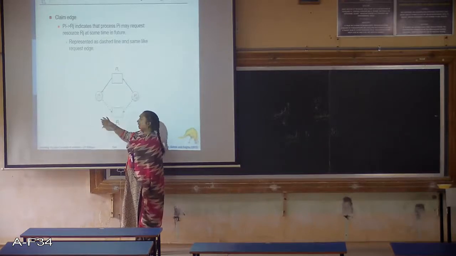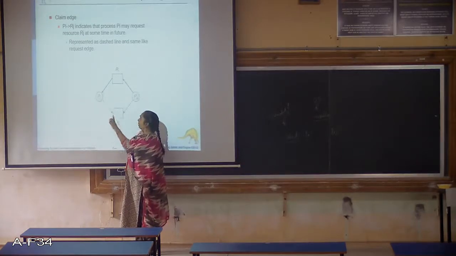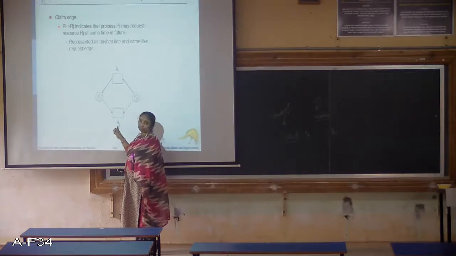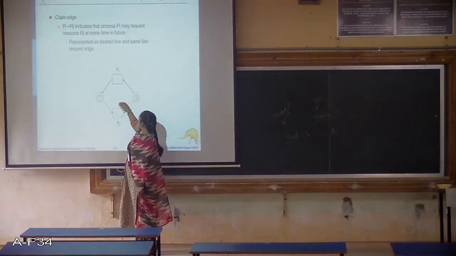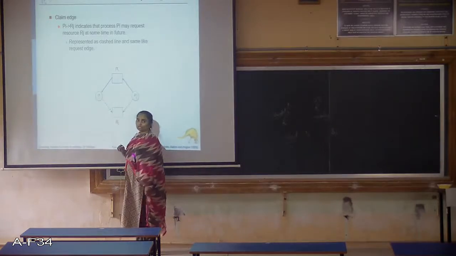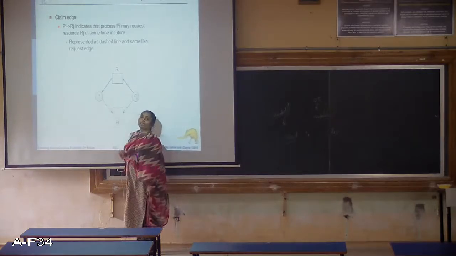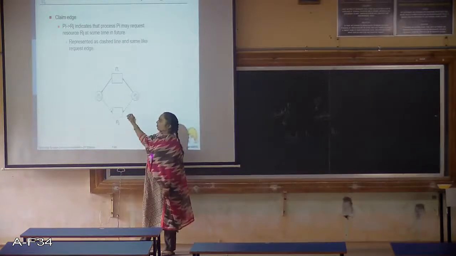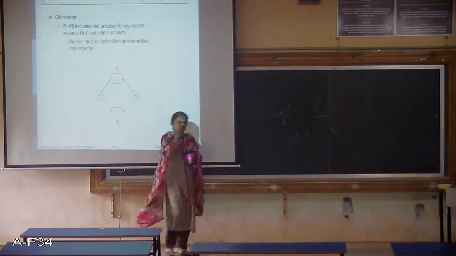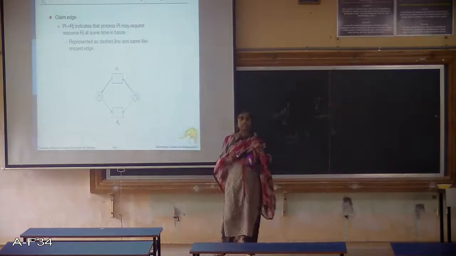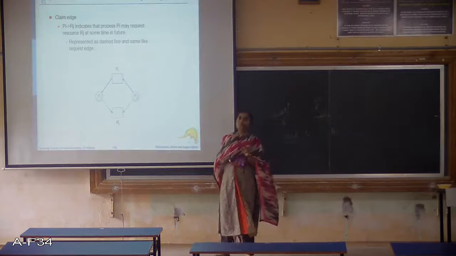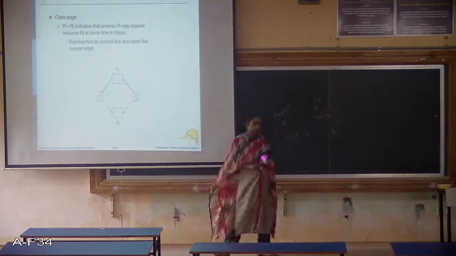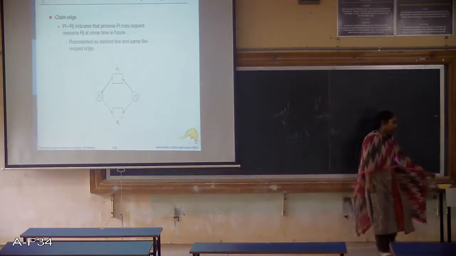That's why this will go into a deadlock. But if I take care that when P1 requests, I allocate P1 the resource first because it is already holding one resource, then it will finish its execution, then P2 will get both the resources. So we are avoiding the deadlock. This kind of claim edge will help us understand whether there can be a cycle in the graph, and if we avoid such a cycle happening in the system, then there will be no deadlock.